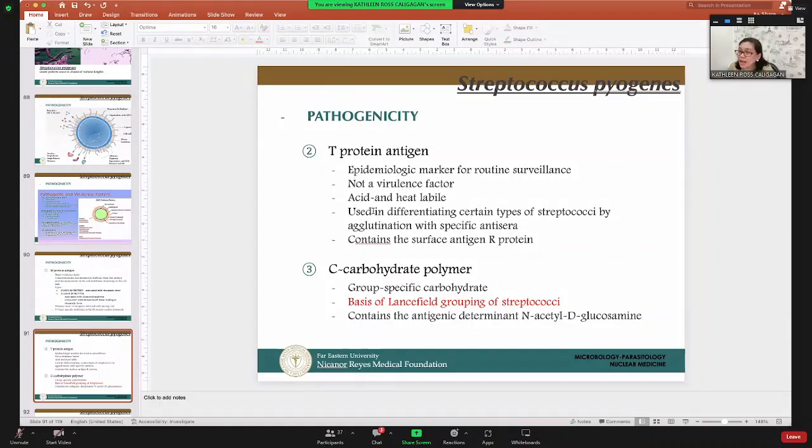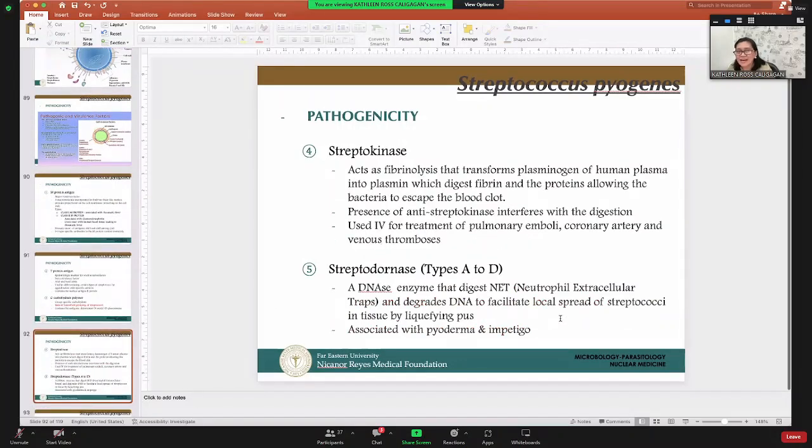The C carbohydrate proteins are the basis of the Lancefield grouping of streptococci. Streptokinase acts as a fibrinolysin that turns plasminogen in human plasma into plasmin. This is sometimes used as an IV treatment for pulmonary embolism, coronary artery disease, and venous thrombosis, streptokinase.